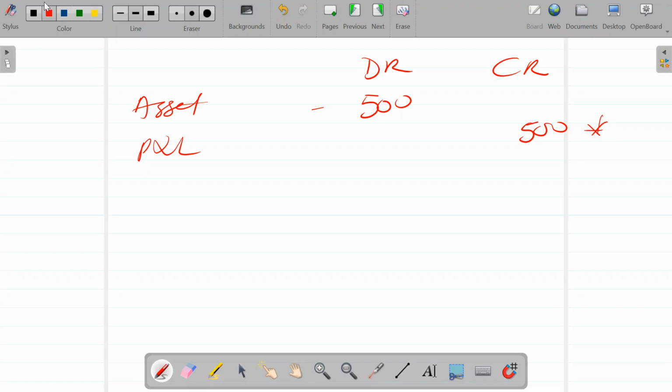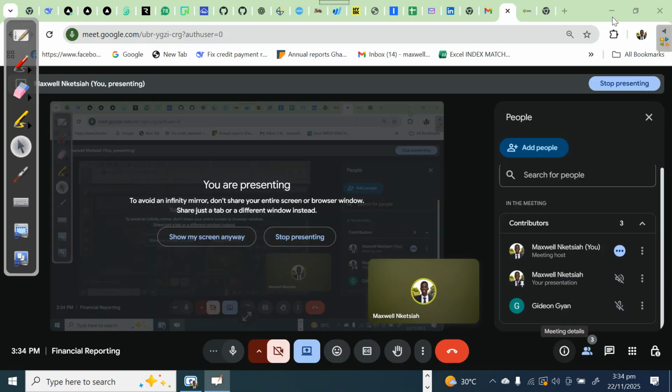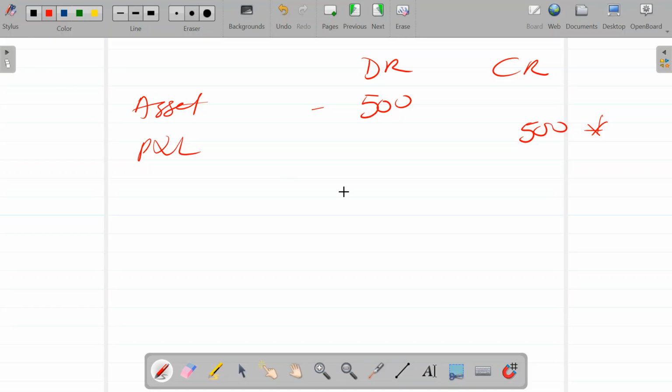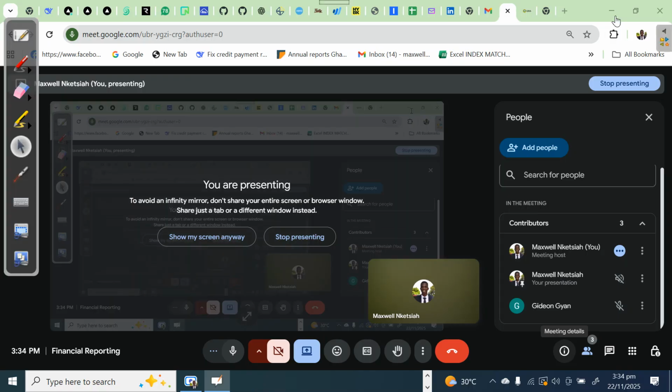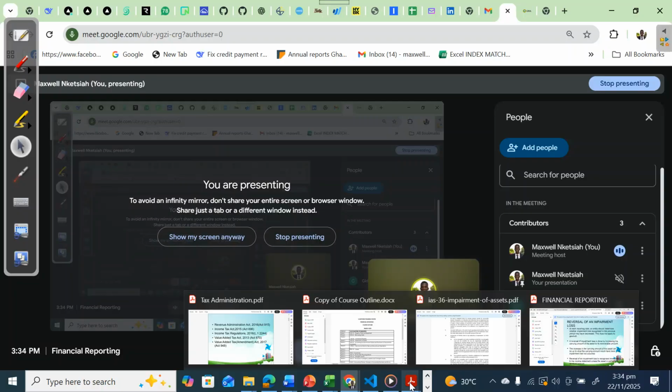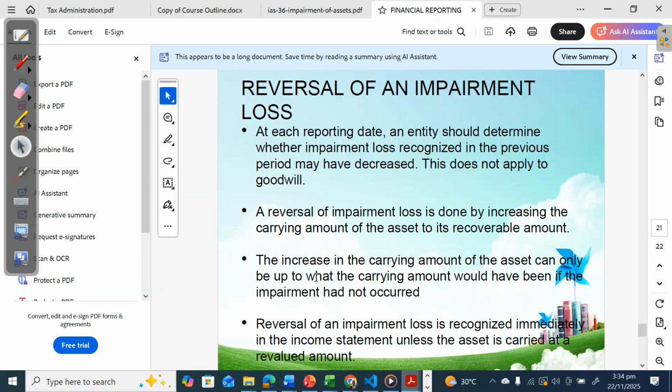So it's like the impairment came to change things. But if the asset is doing well now, let's go back to where it would have been if there was no impairment in the first place. And that is reversal of impairment. So that is it for reversal of impairment loss.